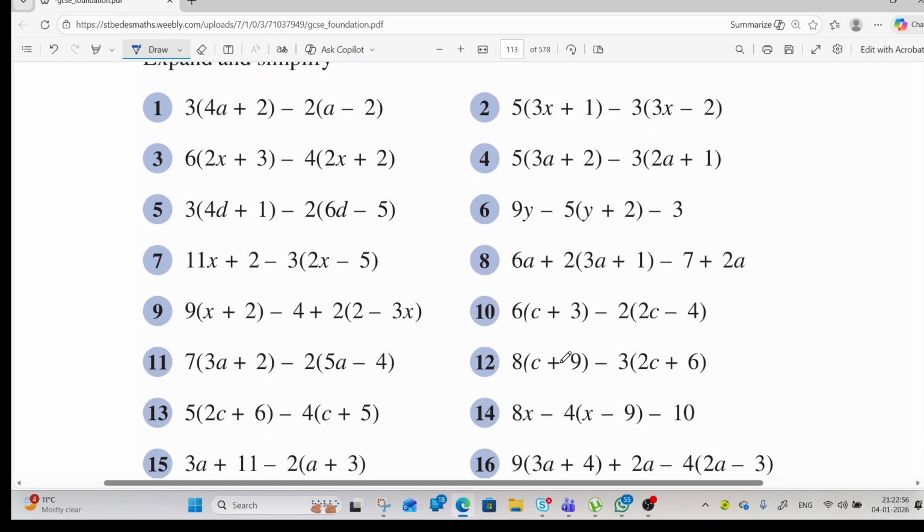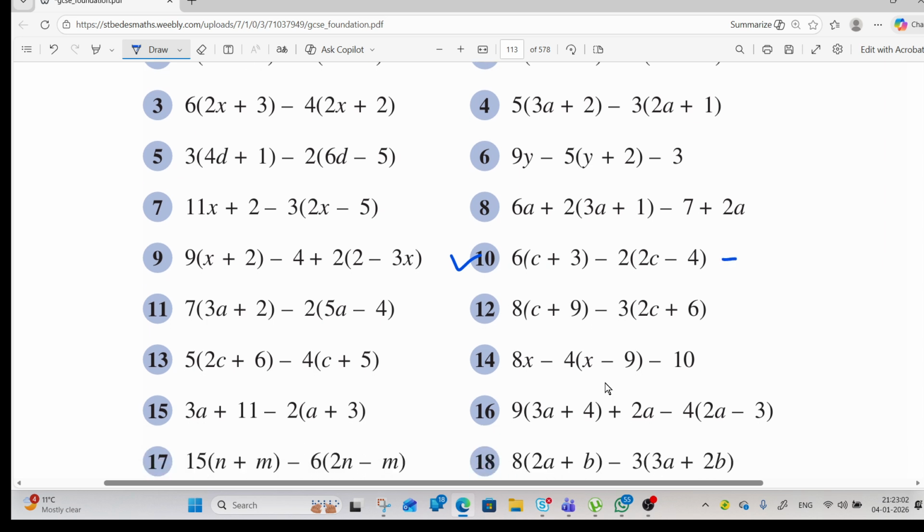Let's try this number 10. Let me know, how would you do it? What should I do first? 6c. Very good.